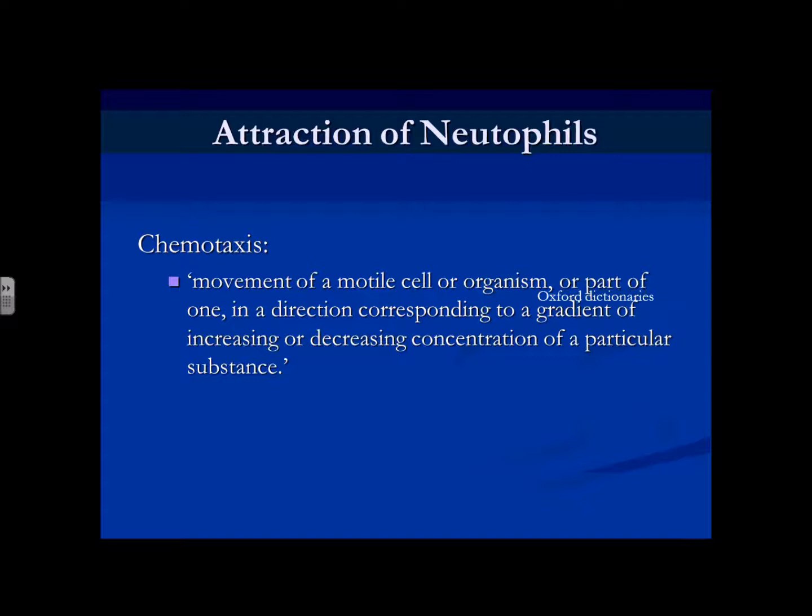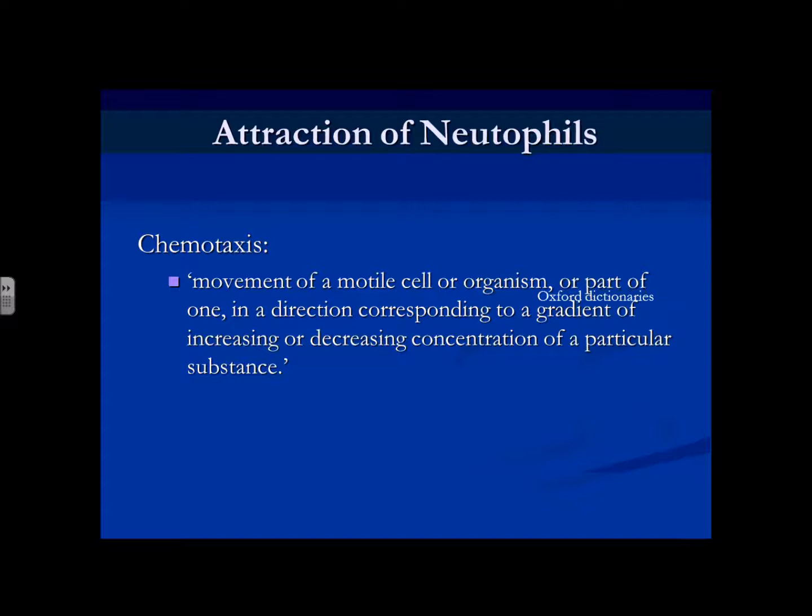The factors also bind to the surface of the neutrophils when they get there, so that they can continue to attract more neutrophils to the area until such a time when we no longer require them. And these mediators are things like the histamines that we've already talked about, prostaglandins, leukotrienes, and also other things that you'll find in plasma, like complement and coagulation factors.